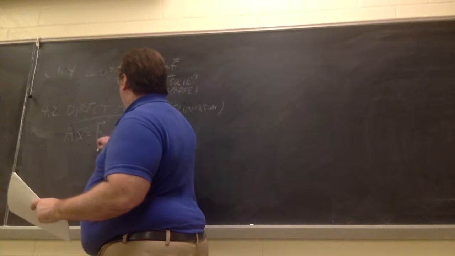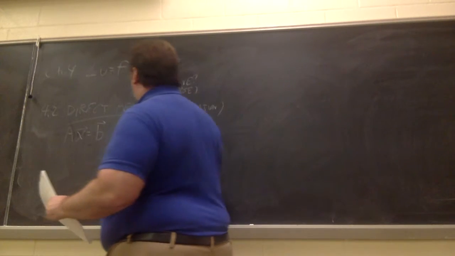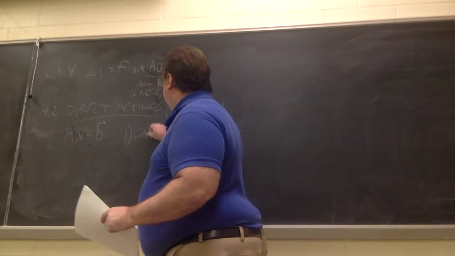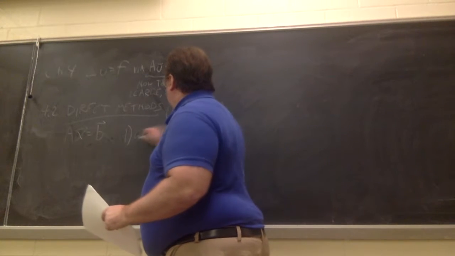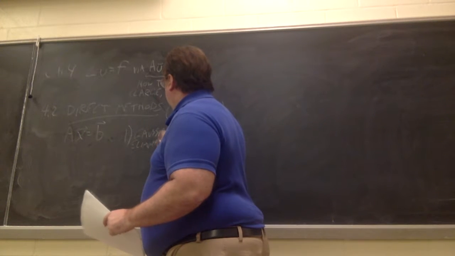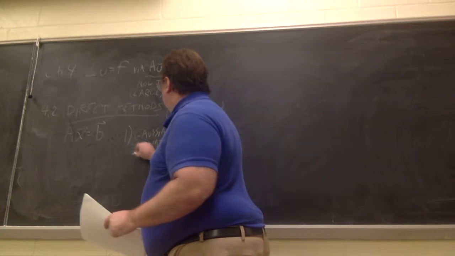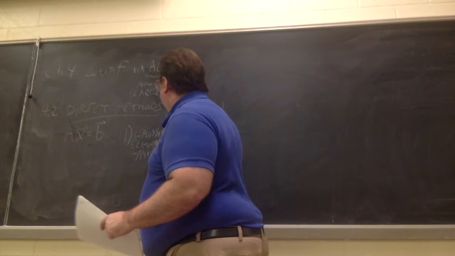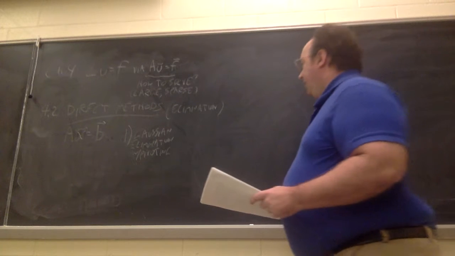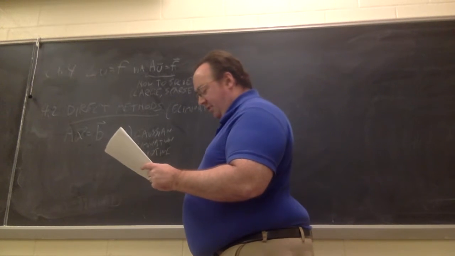So what happens is, here's the process, a 3-stage process. We do Gaussian elimination with some kind of pivoting, most likely partial pivoting, just because of the efficiency.